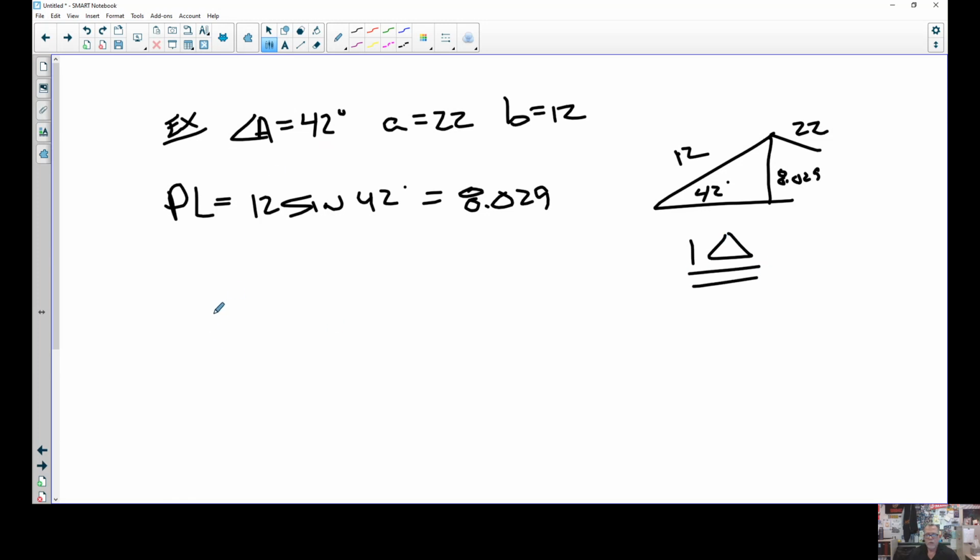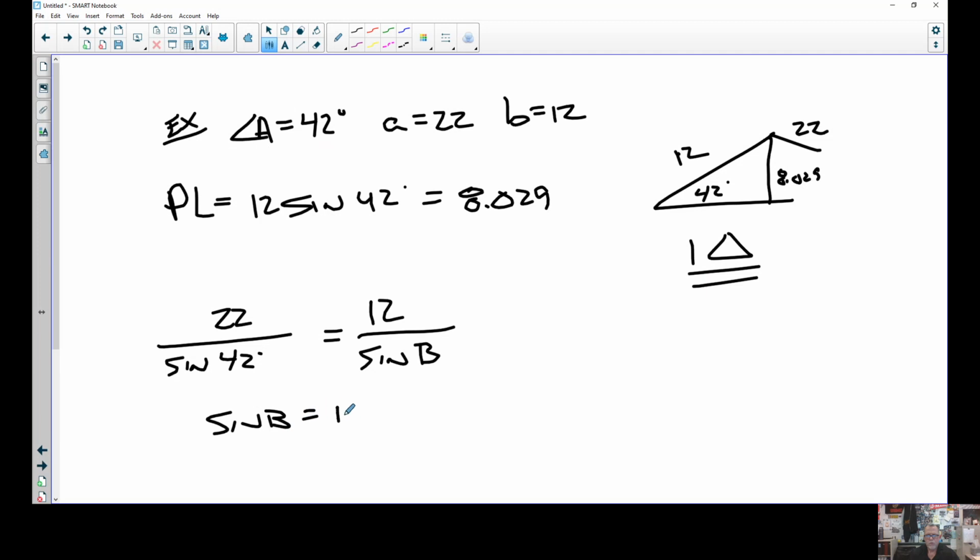I have a pair, so I'm going to use 22 over sine of 42 degrees. And I'm going to solve for angle B by saying 12 over sine of B. So sine of B will equal 12 sine 42 degrees over 22.